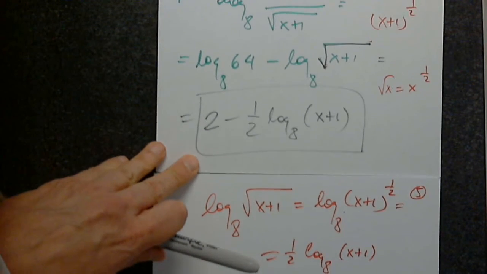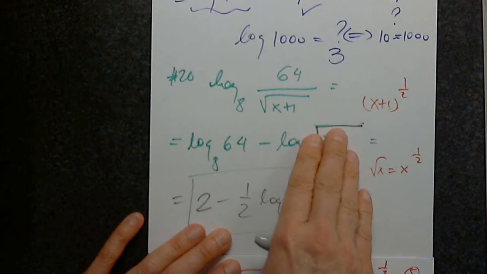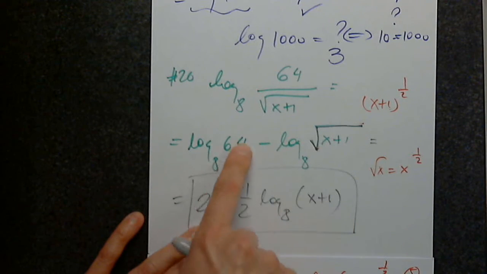Yes, let's go back, maybe you have other questions. What I don't understand is why it's, wouldn't it be 2 log 64? We are not talking about this, we're talking about this.